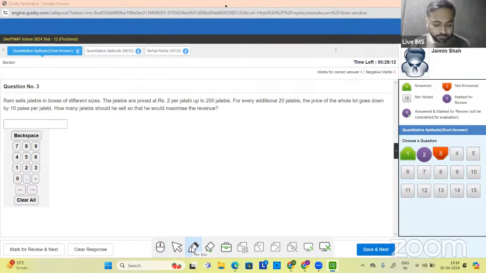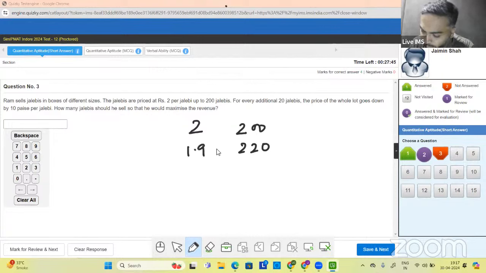Let's see now. Ram sells jalebis in boxes of different sizes. The jalebis are priced at 2 rupees up to 200 jalebis. So basically, right now the price is 2 and there are 200 jalebis. Now it says that if the number of jalebis is 220, it is 1.9.